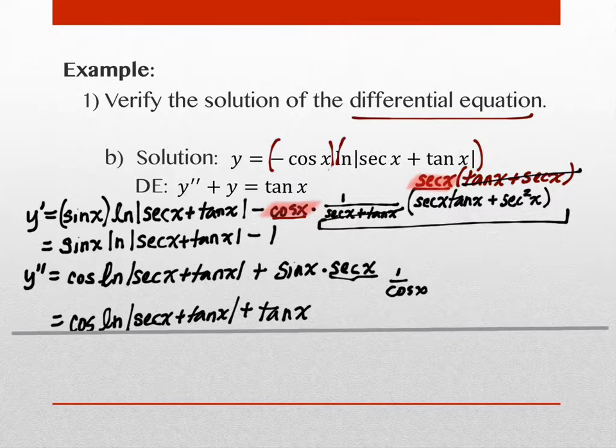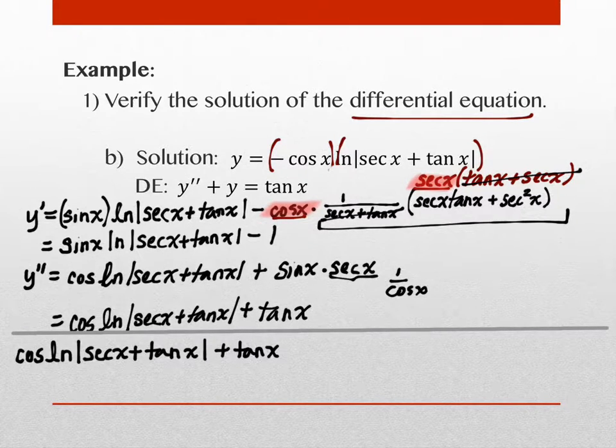All right, so the first piece says I'm supposed to take the second derivative. That's the final thing that I just wrote down, correct? So this would be the cosine of the natural log of the absolute value of secant x plus tangent x, plus the tangent of x. That's the second derivative.